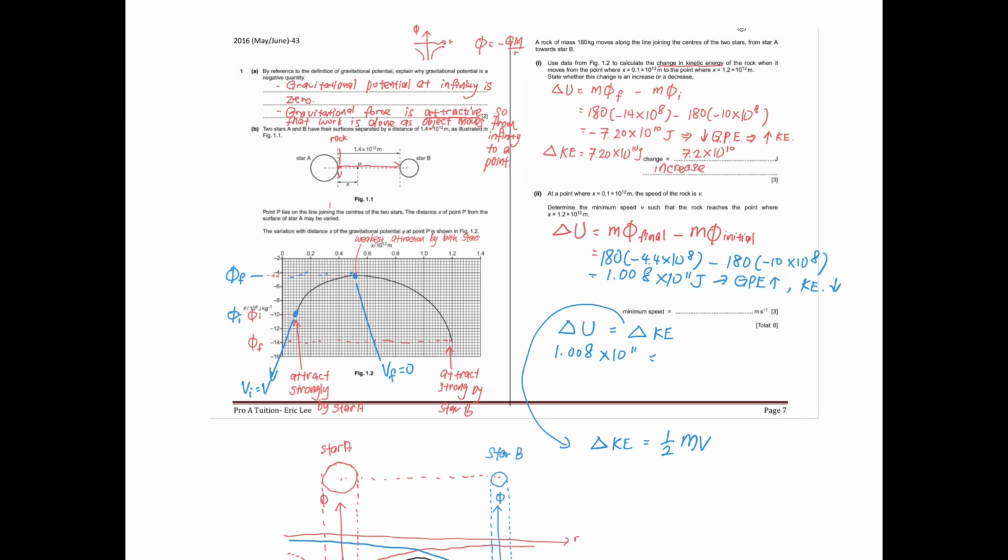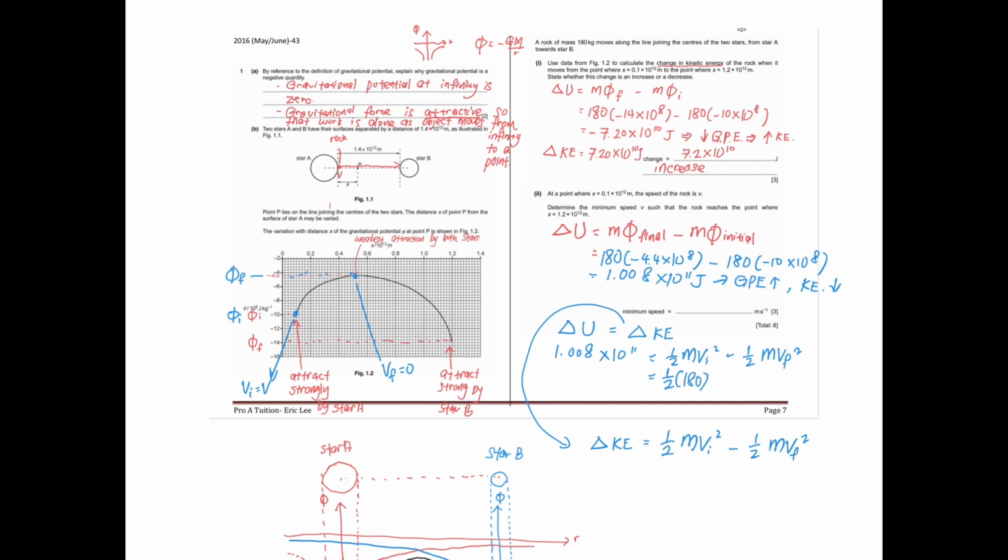The big one is the initial, minus the small one, which is final, 0.